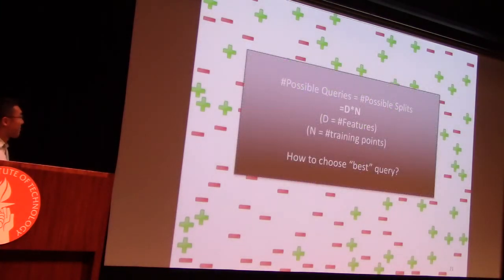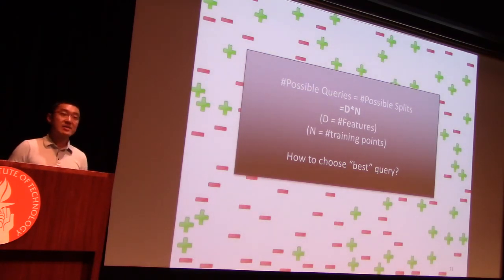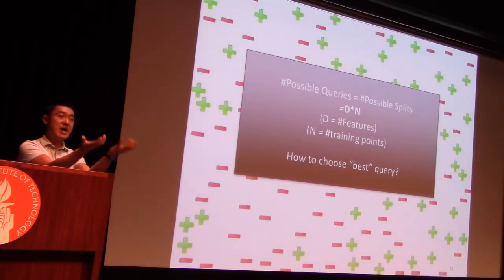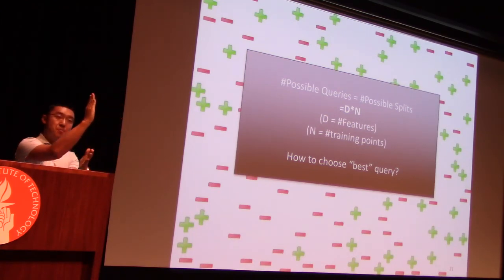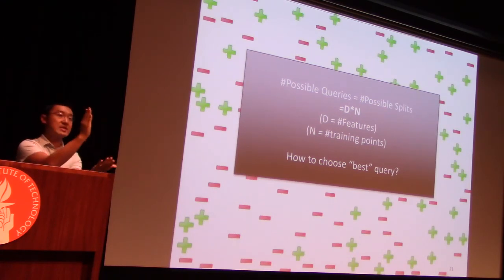All possible queries equals all possible splits of the training data. Anytime you could possibly have a different prediction of leaf nodes is when the threshold passes through one of the training examples. Otherwise, you're going to get the exact same predictions.